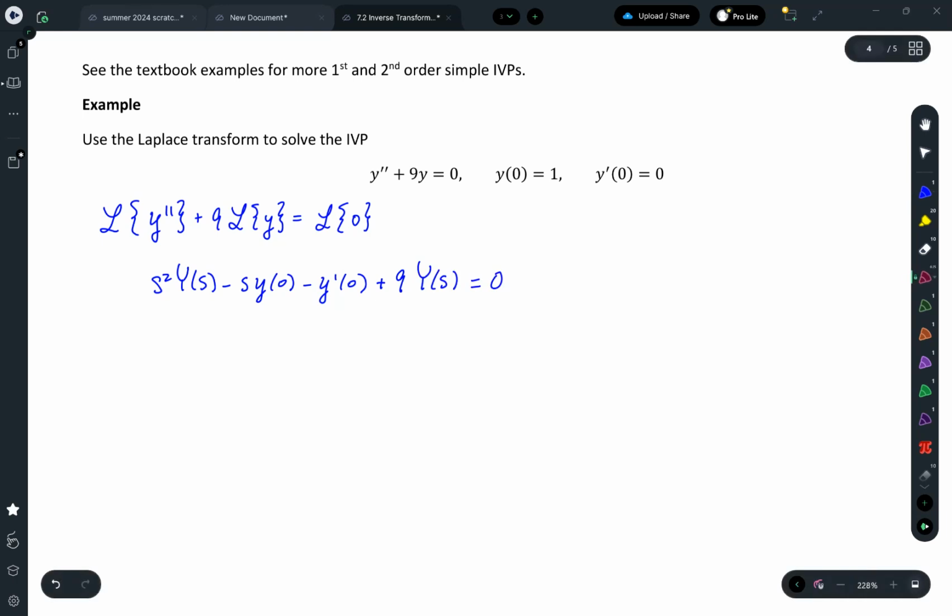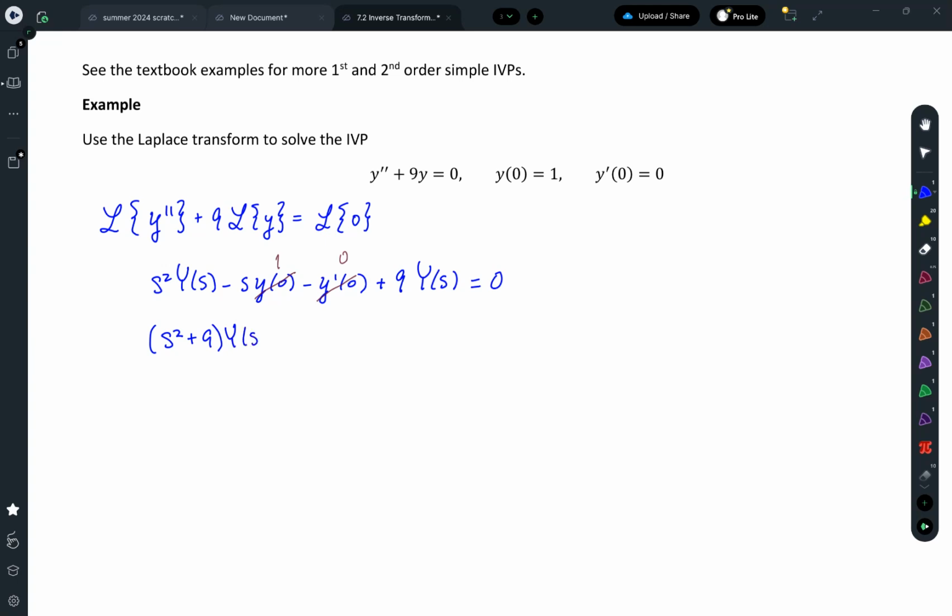I'm going to replace y of 0 with 1 and y prime of 0 with 0. Now I'll gather my Y of s terms together and factor it out. So we have s squared plus 9 times big Y of s minus 1 is equal to 0.